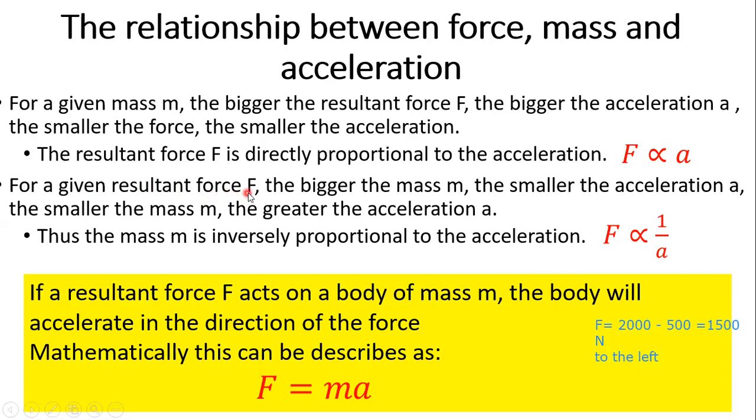For a given resultant force, the bigger the mass, the smaller the acceleration a. So if you have a force of 100 newtons, the bigger the mass of the object, the smaller the acceleration, and the smaller the mass, the greater the acceleration.